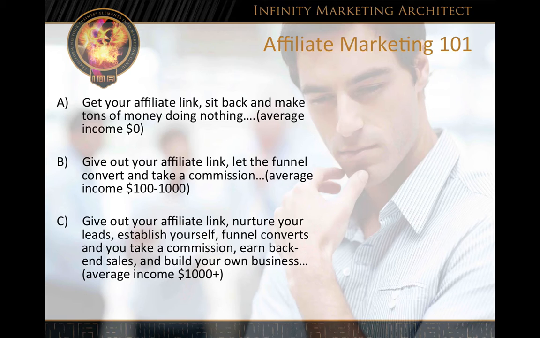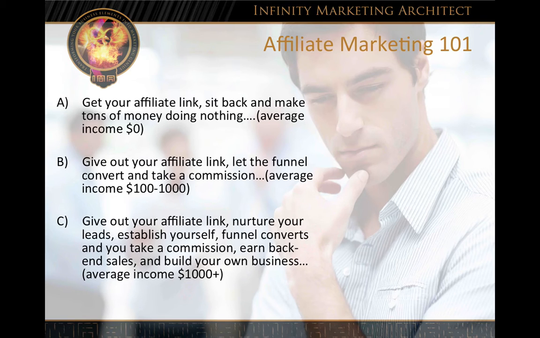Now, to do affiliate marketing where you're able to actually reach that 6-figure mark in earning, actually promoting someone else's product, there's different systems you need in place for that. It's a little different option. That's option C that I've got on the slide here. That's when you give out your affiliate links, okay? Remember, you're actively promoting it, you're running ad campaigns, marketing campaigns, but you nurture the leads yourself.